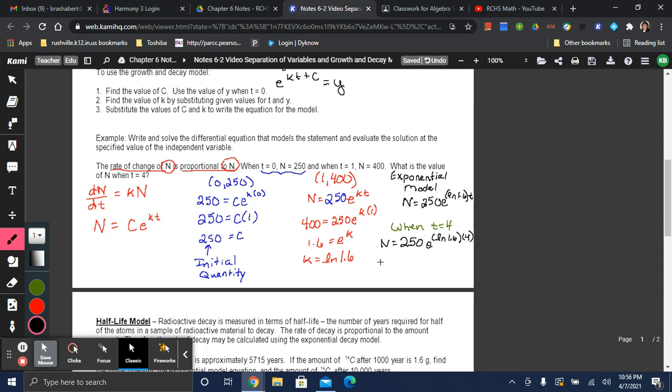I can substitute that in, and in doing that, we get, and this will be an approximation, 1638.4. And if it had units, sometimes those would be grams or whatever the problem might be about.